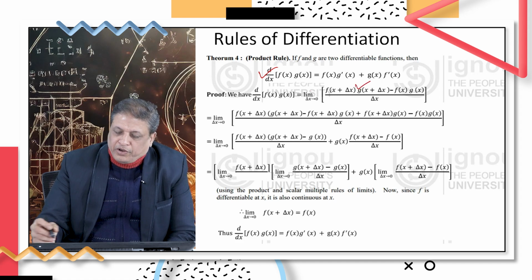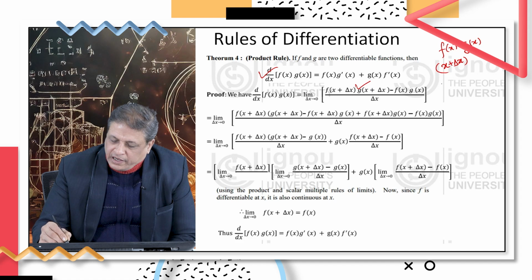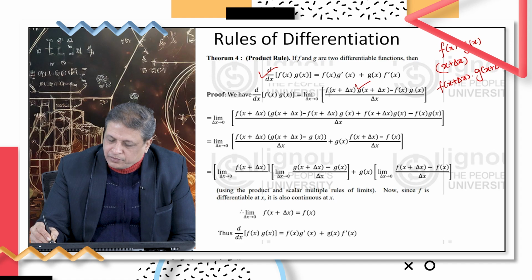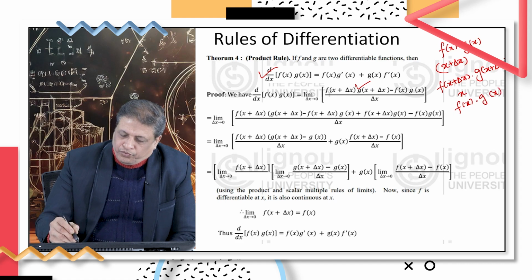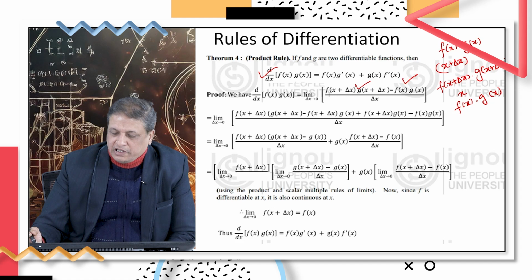By substituting the value, that is f(x) into g(x) for the value x plus delta x, you will get f(x plus delta x) into g(x plus delta x). Similarly, for the value x, you will get f(x) into g(x).